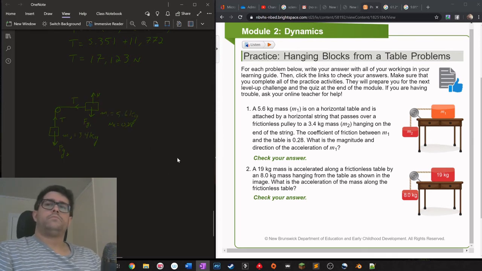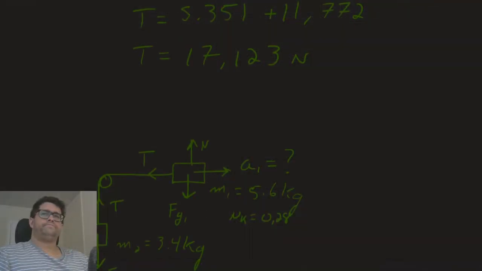Just N. Is there friction here? Yes, there is friction. So friction will be this way because the block will be going this way. Can we go back to note taking? So what is the magnitude and direction of the acceleration of M1? So M1 is here. We want to know what the acceleration 1 is going to be.